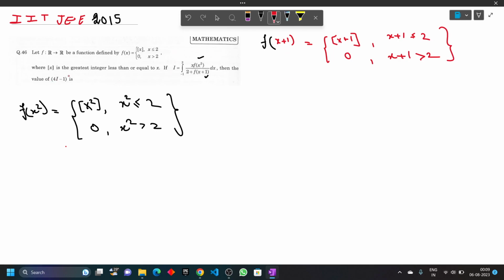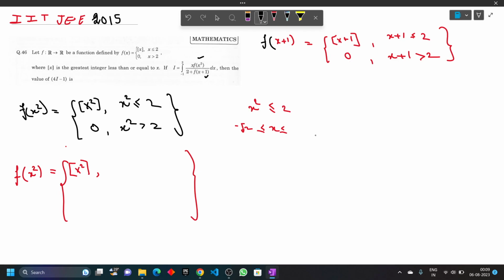Now let us define these functions in the interval of minus 1 to 2. f of x squared is the greatest integer of x squared when x squared is less than or equal to 2, so x belongs to minus root 2 to root 2.